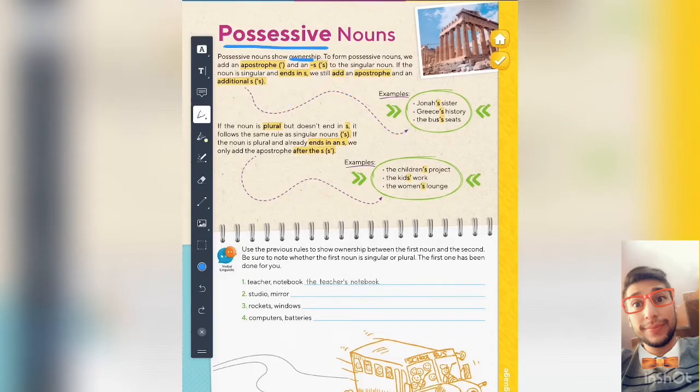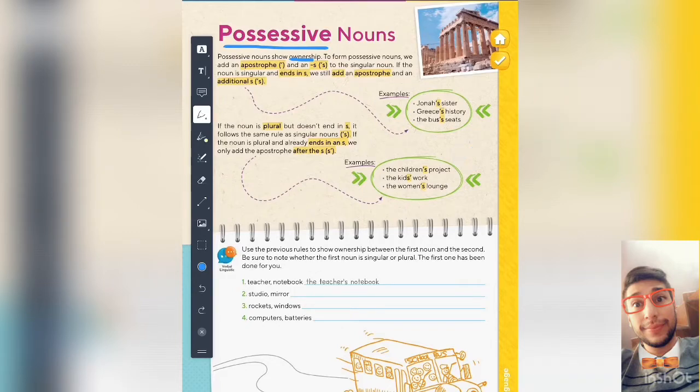Let's follow the rule for the plural form of a possessive noun. If the noun is plural but doesn't end in S, it follows the same rule as singular. It means that we just add apostrophe S. If the noun is plural and already ends in an S, we only add the apostrophe after the S. Examples: the children's project. Children is plural for many kids.